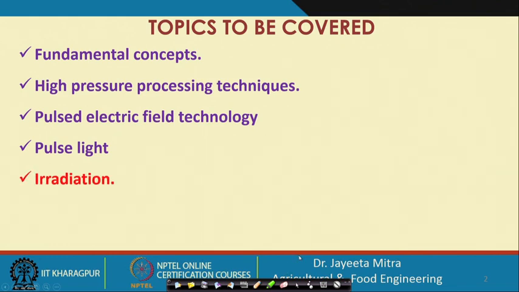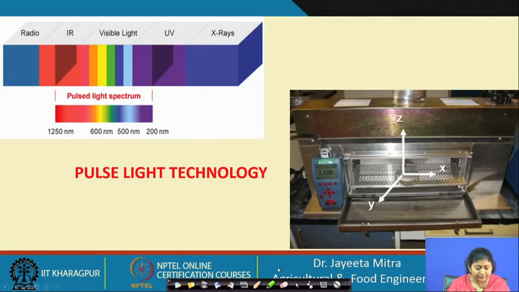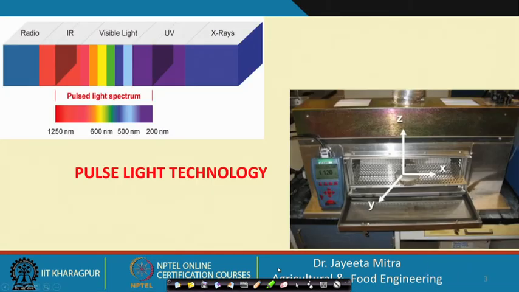Pulse light we will discuss today, followed by irradiation, ozone and cold plasma technology. And at the end we will discuss what is hurdle technology. So, first we will discuss the pulse light technology.